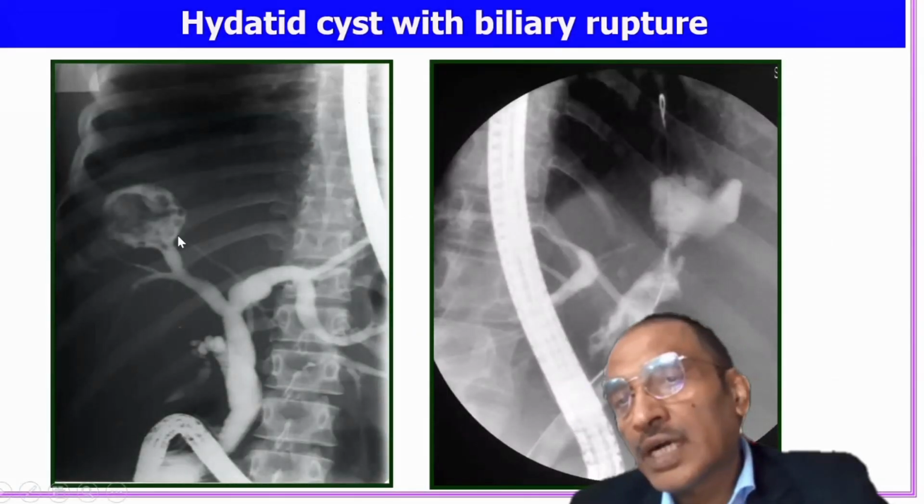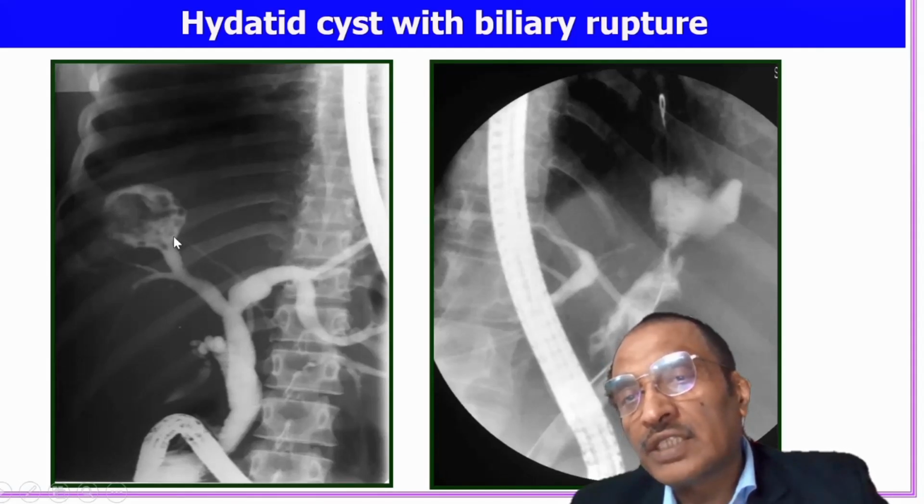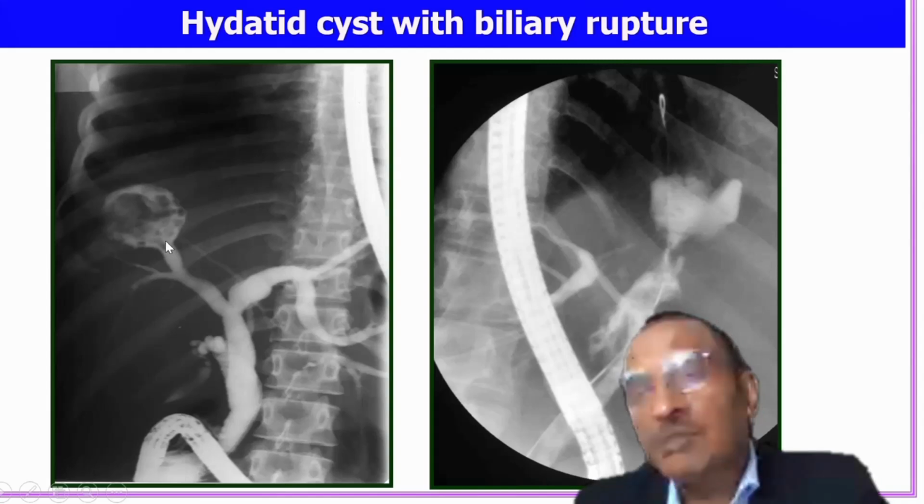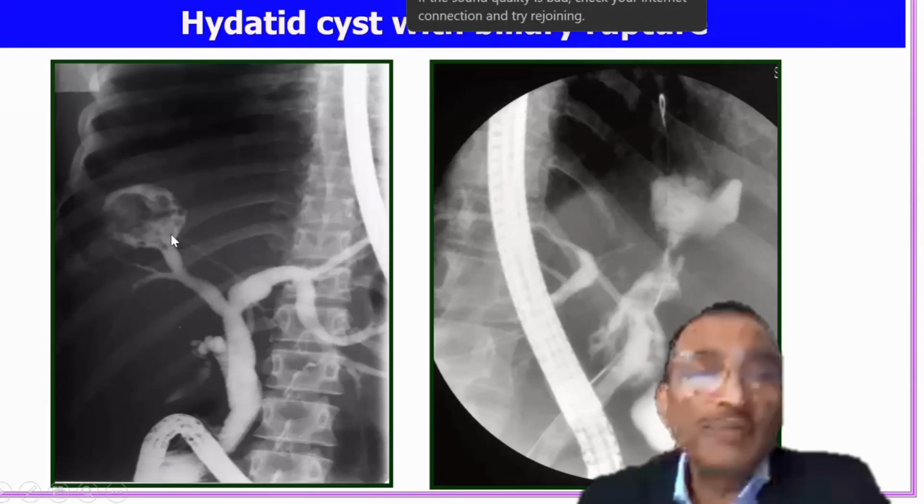And this is how a hydatid cyst cavity will look. The margins are very smooth and regular. That is how it is distinguished from the abscess.